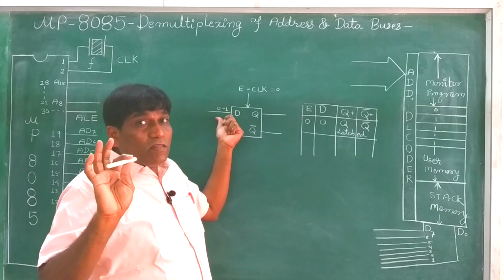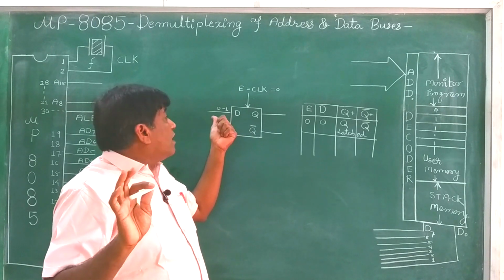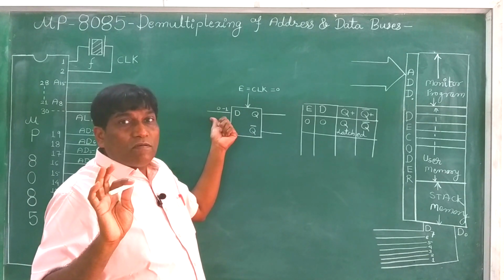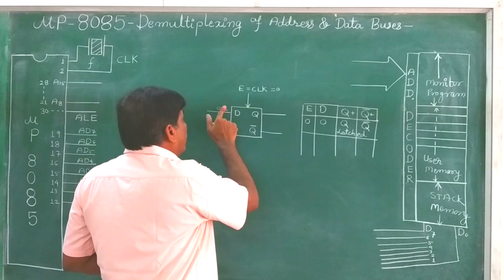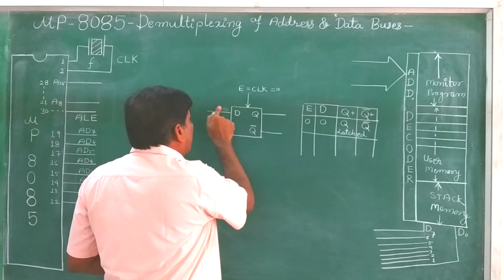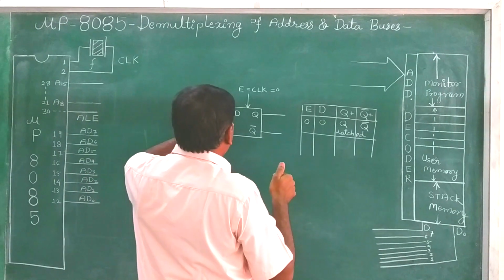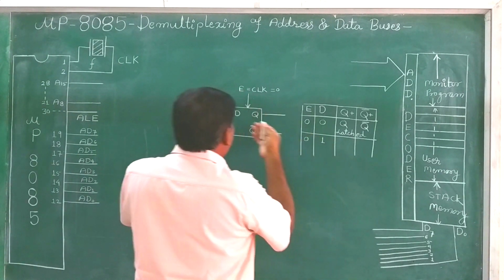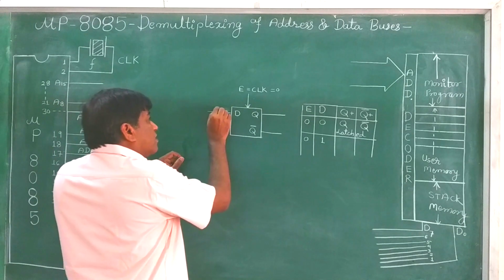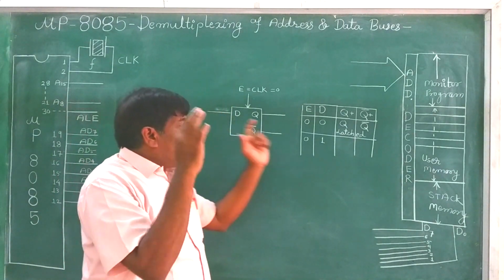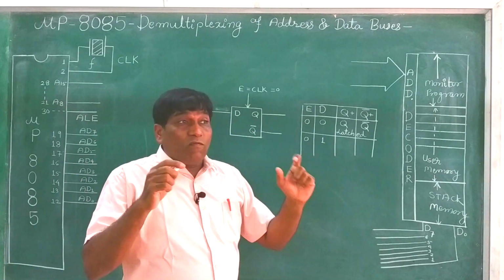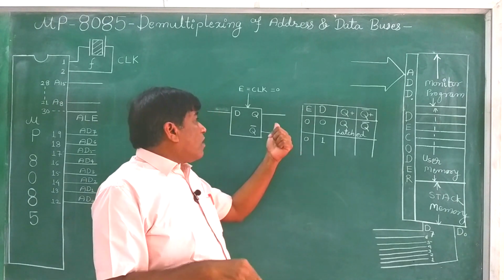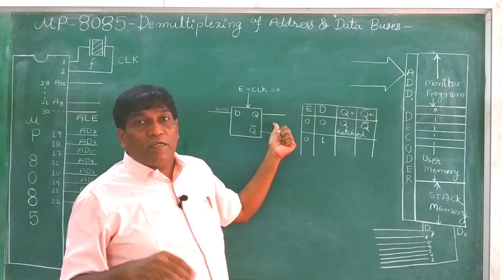It does not depend on the input and will not change according to it. So, if you complete the truth table, if enable is 0, D is 0, as we have already explained, whether it is 0 or 1, if the clock is 0, whatever the previous value of the output is, it will be held, it will be latched.